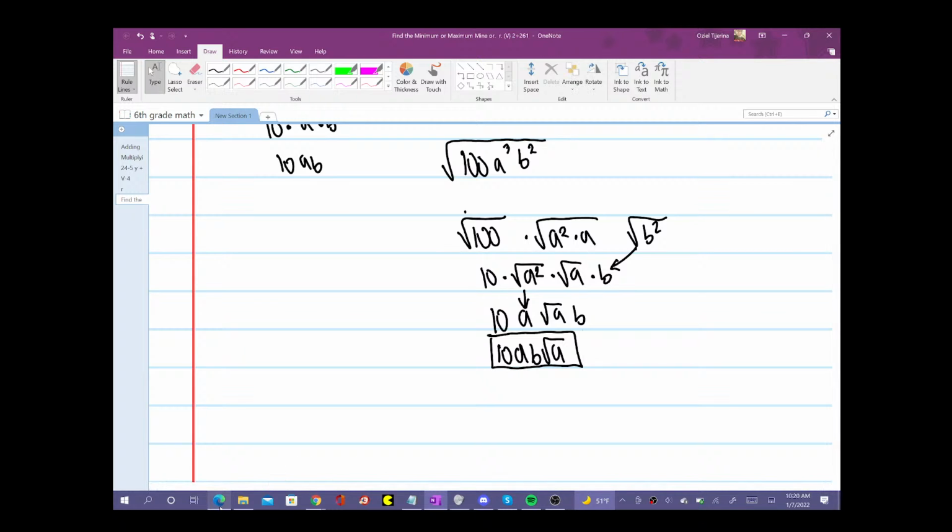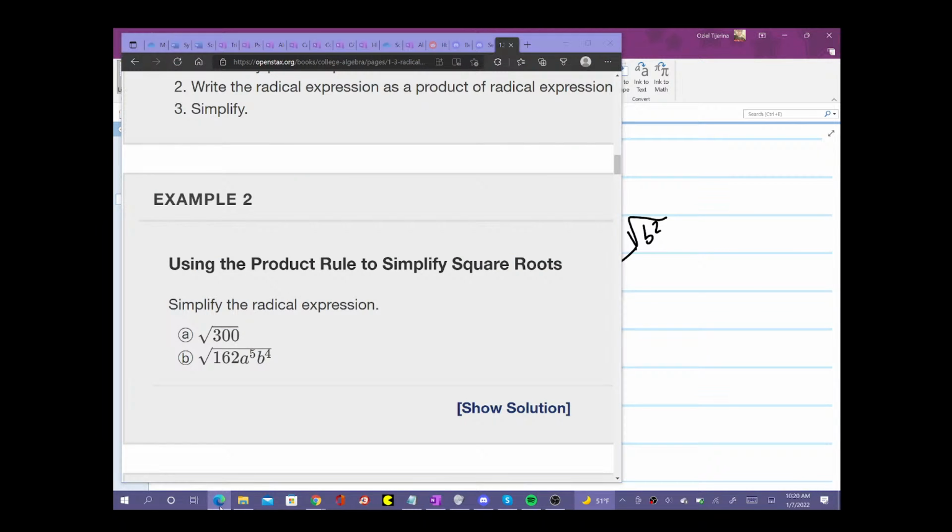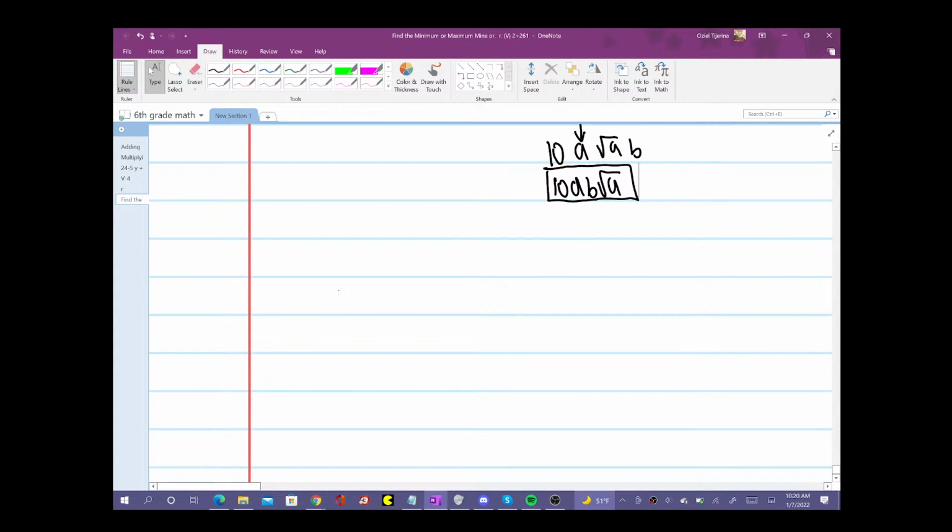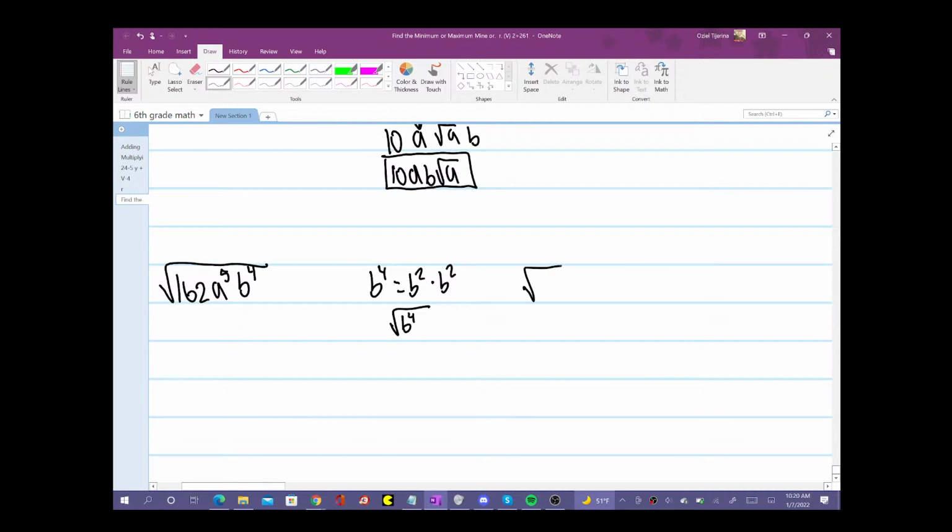But the one that we're looking at is 162 a to the 5th b to the 4th. We know that b to the 4th equals b squared times b squared. So the square root of b to the 4th, if you know the form, the nth root of a to the m. Let me write it this way. There's a form that's called the nth root of a raised to the m power.